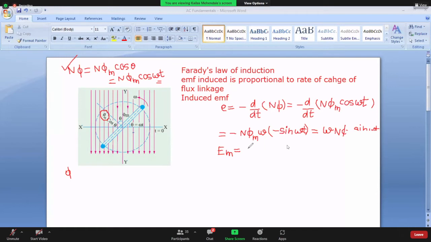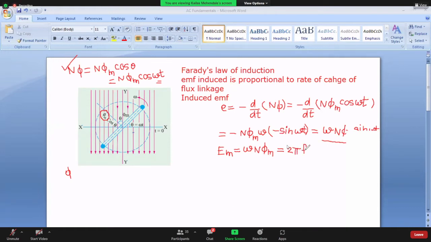Okay, but I hope you are able to follow what we are trying to do. Em is nothing but this whole bracket. So Em will be equal to omega N into phi m, which will be nothing but equal to, now omega can be written as 2 pi f.